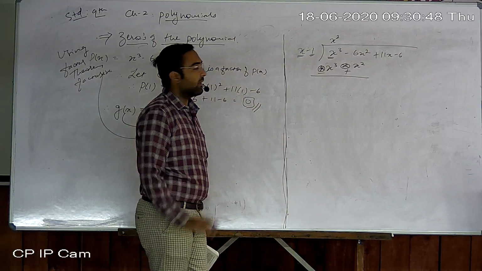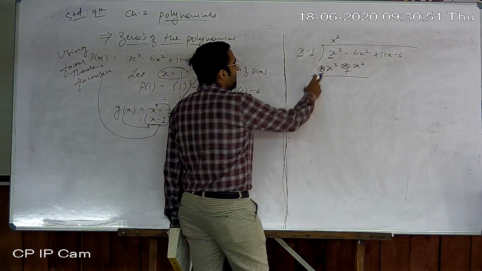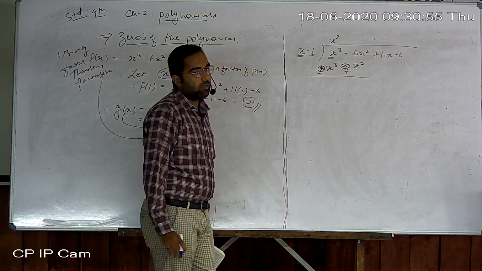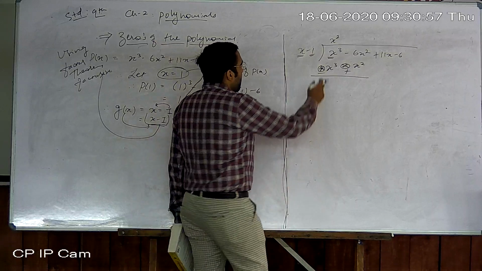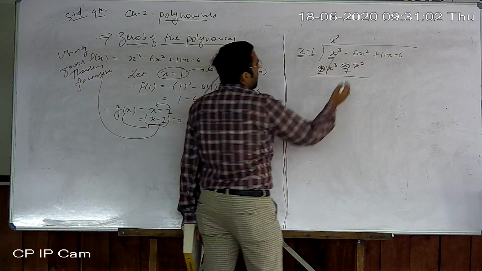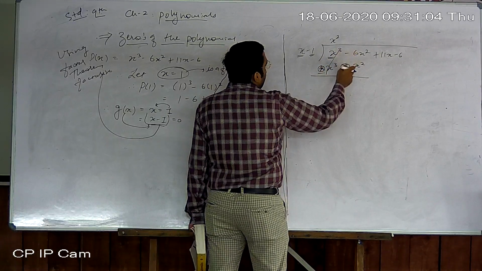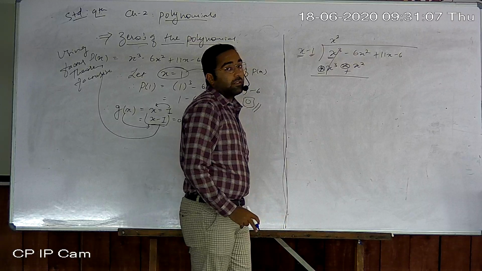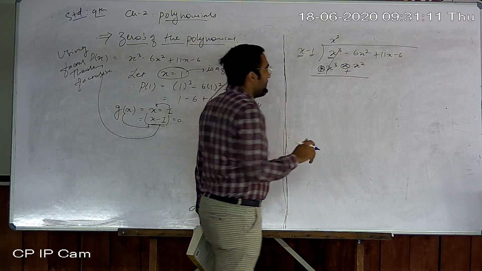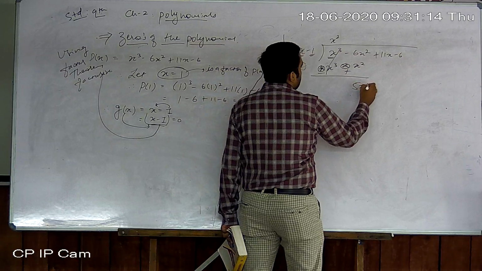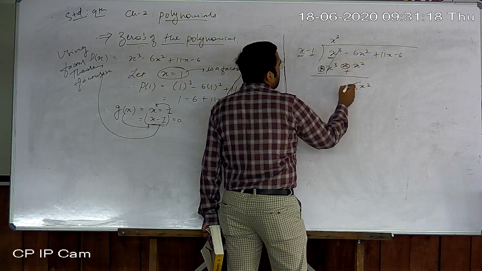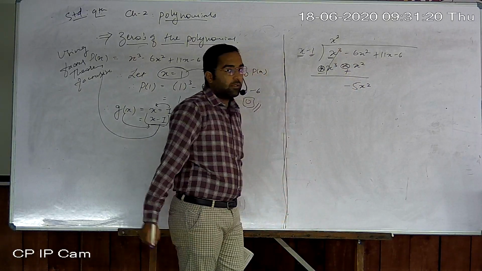Here x cube is plus and x cube is minus, so they cancel out. Here 6x square is minus and x square is plus, minus plus is minus, 6 minus 1 is 5, so minus 5x square, since the bigger number 6x square is in minus.